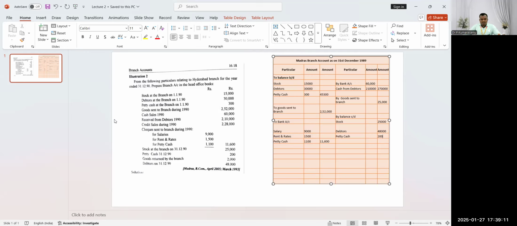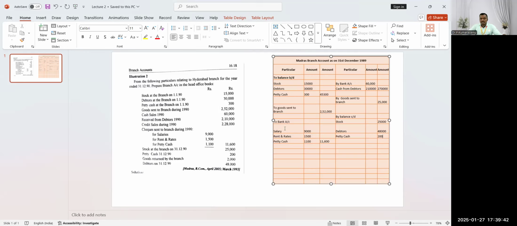Then, cheques sent to branch during the year, or cash sent to branch during the year, right? Why does the head office send cash to the branch? The head office sends cash to the branch for the following expenses: salary, rent and rates, petty cash.